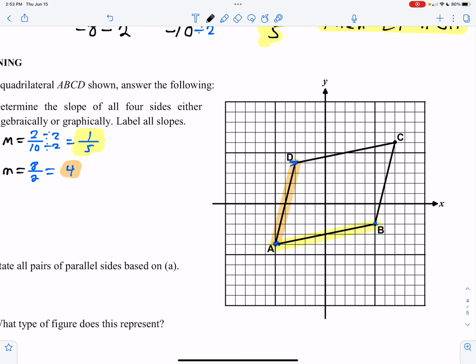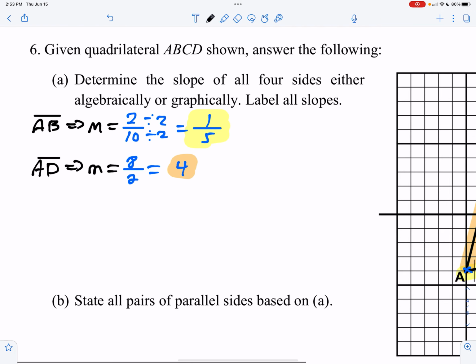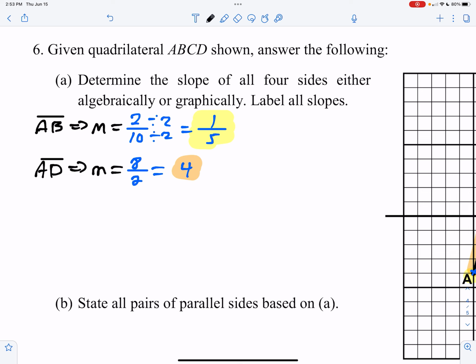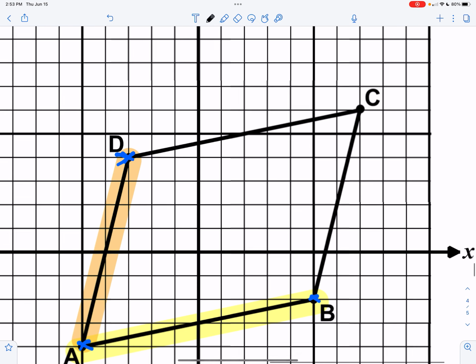All right, now I'm going to go from D to C, but you always label it in order of letters. So the line segment from D to C is going to be written as CD, right? Because C comes first alphabetically. So our slope for that one, from D to C, is we're going to go up 2 and over 1, 2, 3, 4, 5, 6, 7, 8, 9, 10.